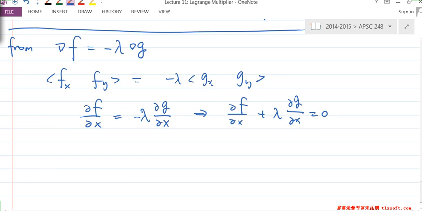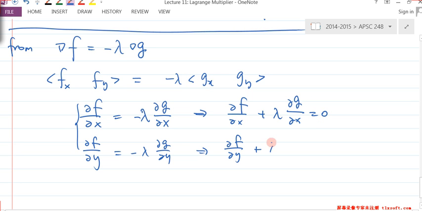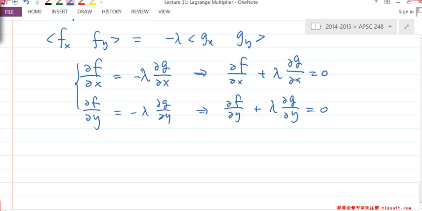And the second equation, similarly, you get this. So you got two equations, and you're going to solve for possible values of x, y and lambda, to find the min or max location.